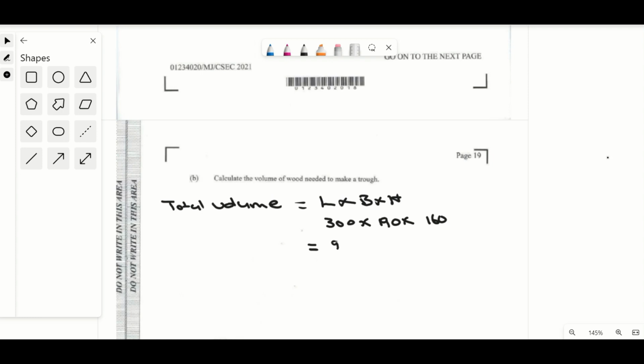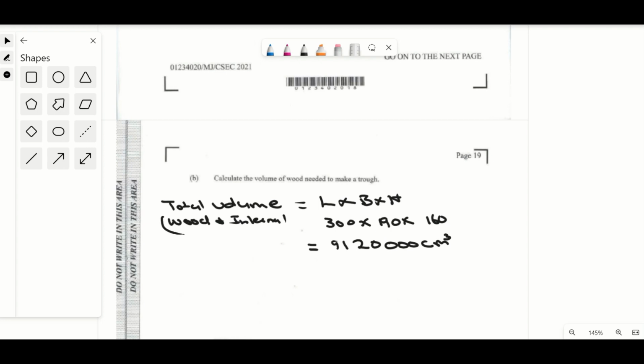that is, the volume of the internal plus the wood, which is 9,120,000 centimeters cubed. So this total volume is the wood plus your internal.